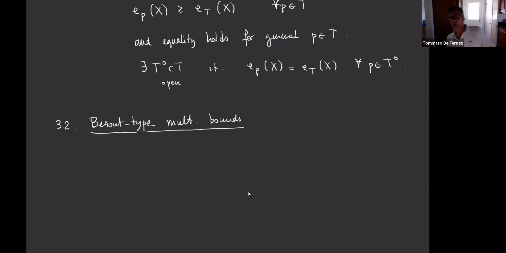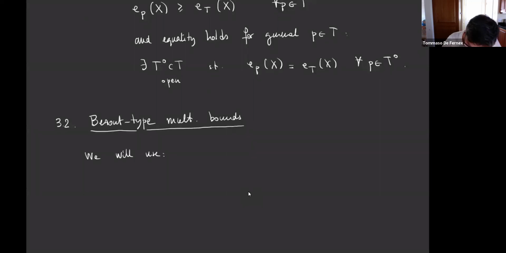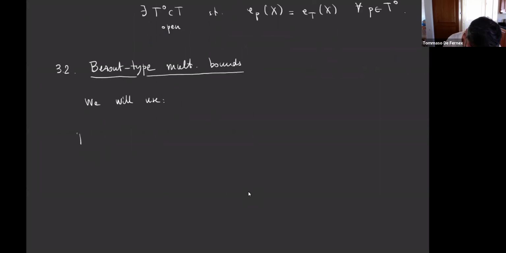Bezout gives you a way of computing the degree of an intersection of some varieties, or hyperplanes, in a projective space in terms of the degrees of the equations or the varieties. There are two situations that we're going to run into, so we're going to use the following two properties.